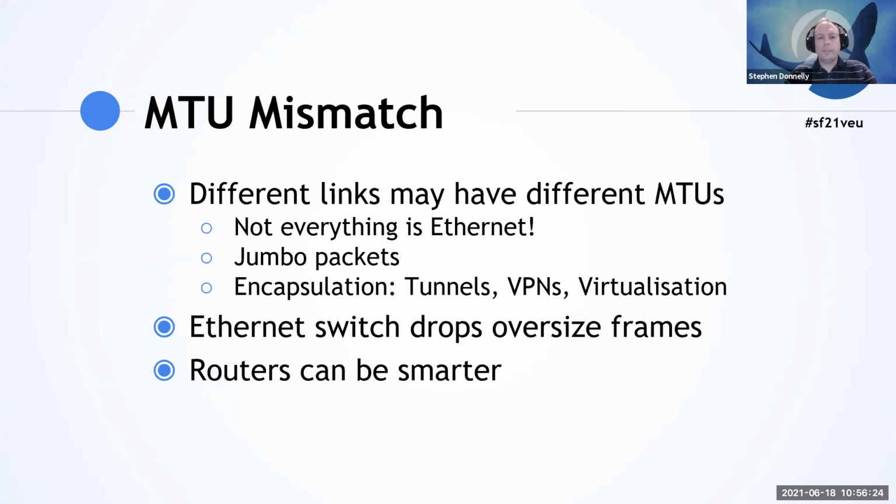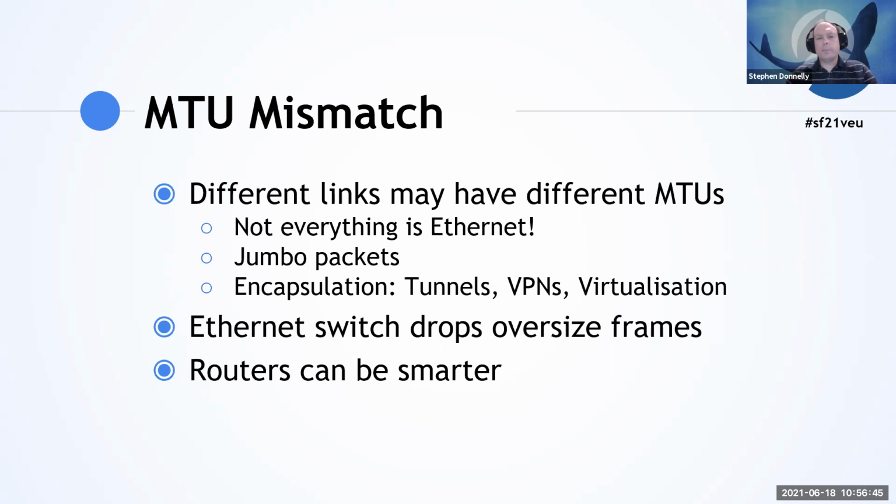We tend to think we live in an Ethernet world, but not everything is Ethernet, and different links may have different MTUs. Some people may turn on jumbo packets. And we also often see MTU variations around encapsulation. So things like tunnels, VPNs, virtualization, mobile IP, all of those kinds of things.